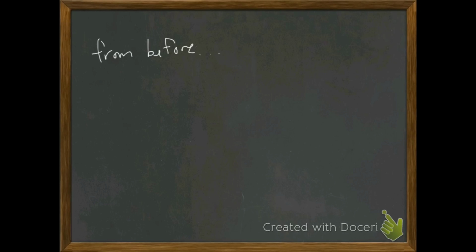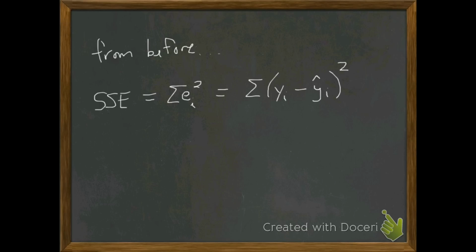We know that the sum of squares for the error, which is the sum of the e sub i squared, which is the sum of y sub i minus y hat sub i quantity squared, should lead us to, without a whole lot of craziness, this.